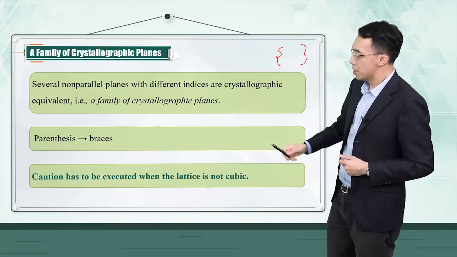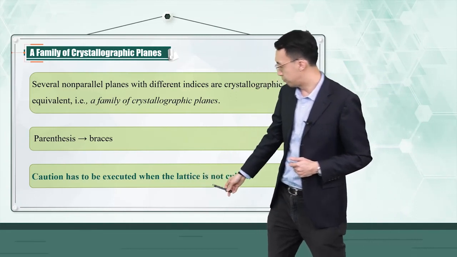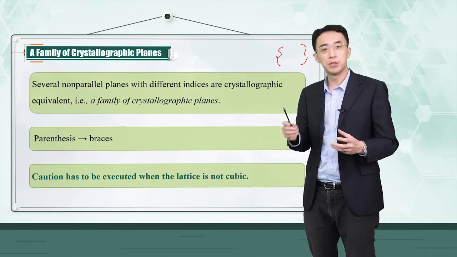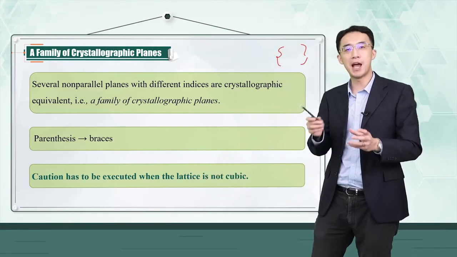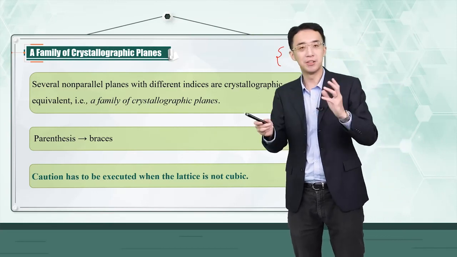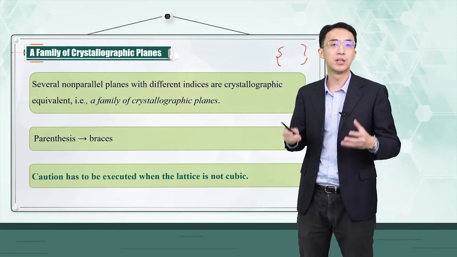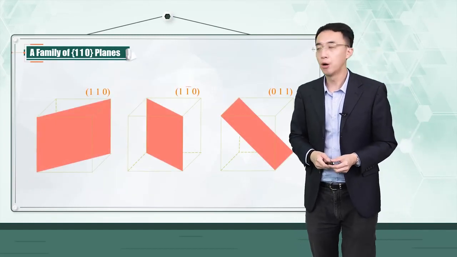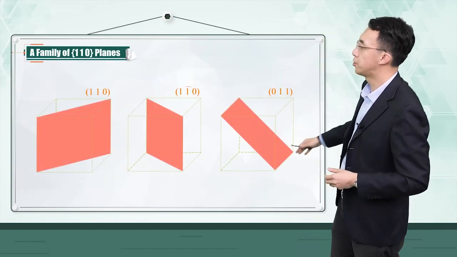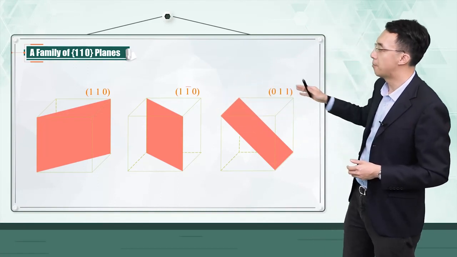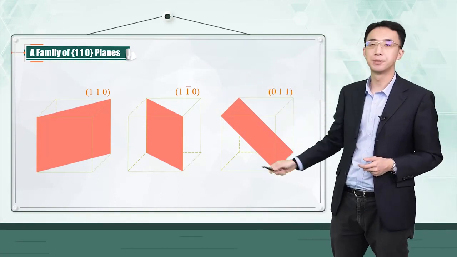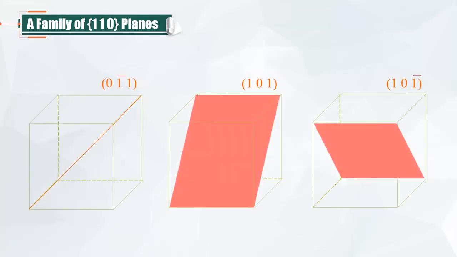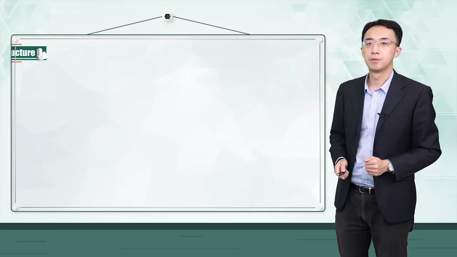And again, caution has to be exercised when the lattice is not cubic, because for non-cubic lattices the x, y, z directions are not necessarily equivalent. And here I just show the example of a family of 110 planes. So these are the remaining 3 110 type planes.